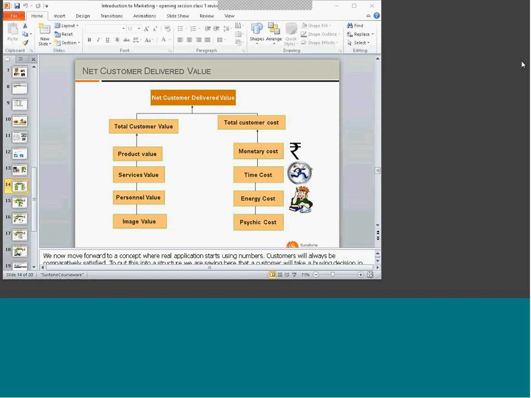Okay, we have two alternatives from where we can buy this product, and there is a 500 extra monetary cost at Tanishq and a 500 more time cost at Tanishq.